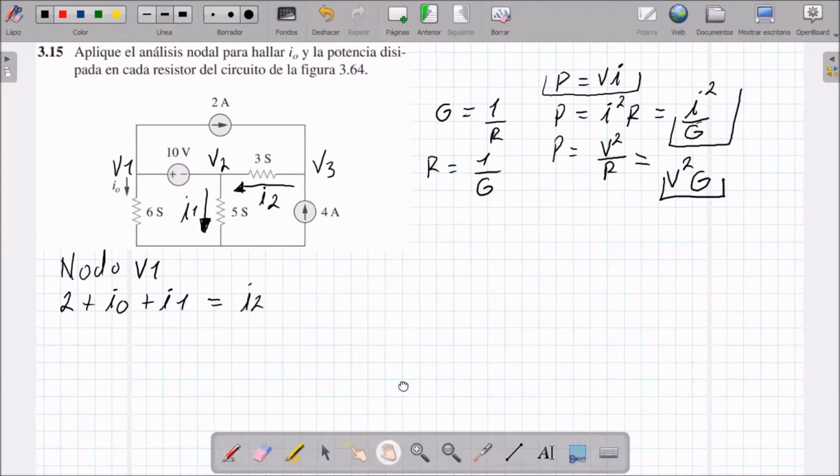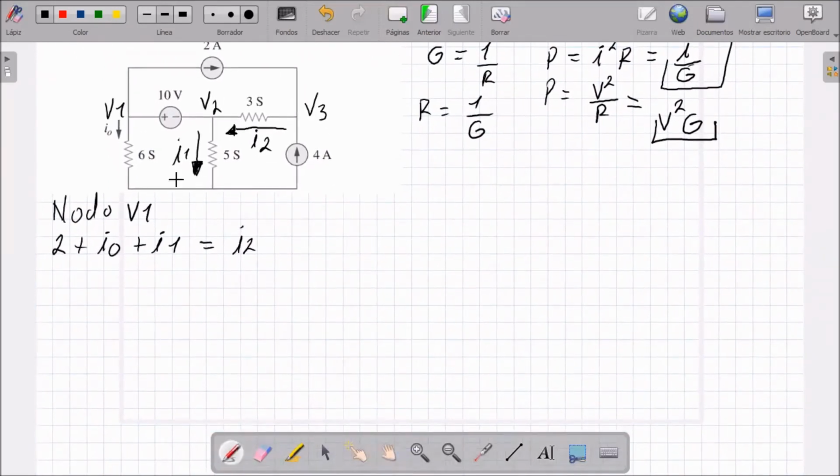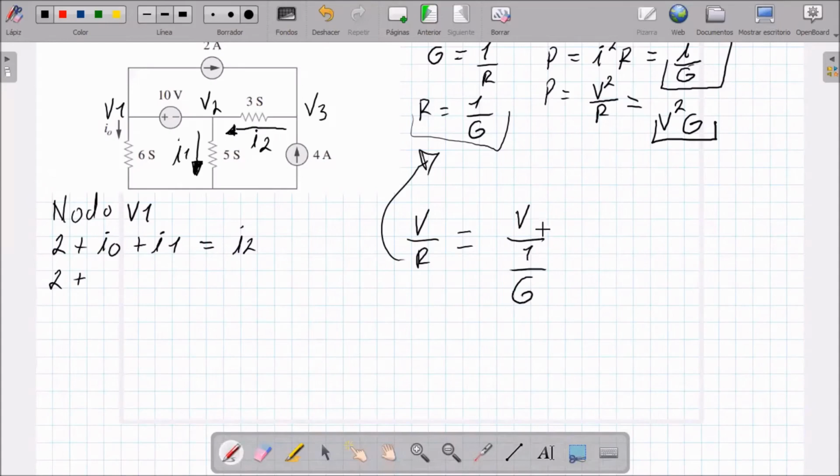Okay, now, starting from there, I'm going to rewrite the variables with equations for voltage and conductance. We had said that with resistance it would be voltage over resistance, but remember that resistance is 1 over conductance, therefore it would be voltage times conductance.